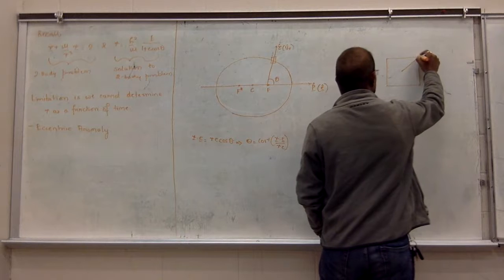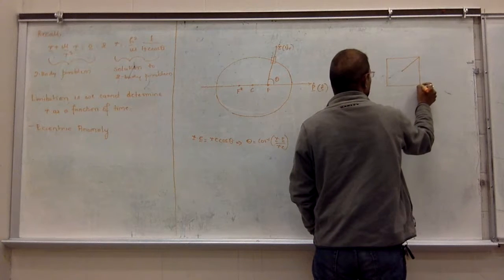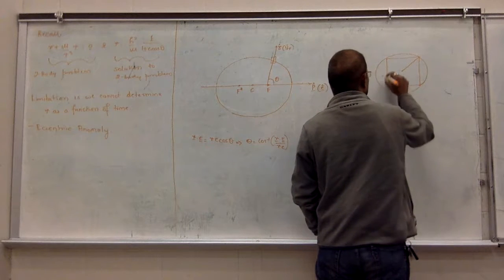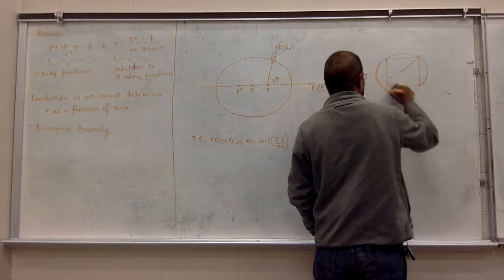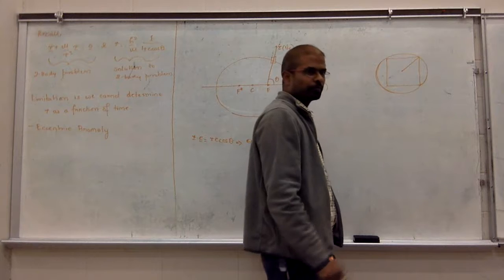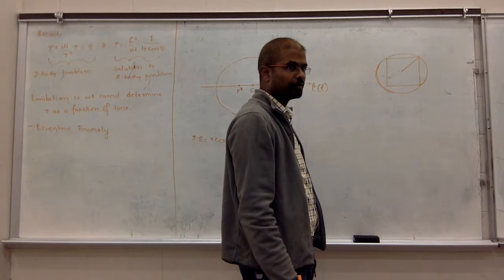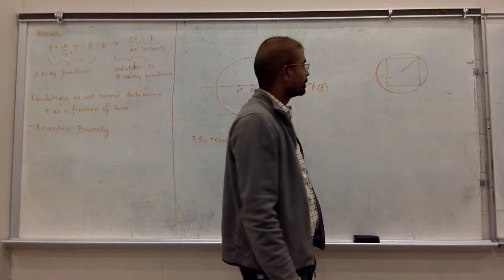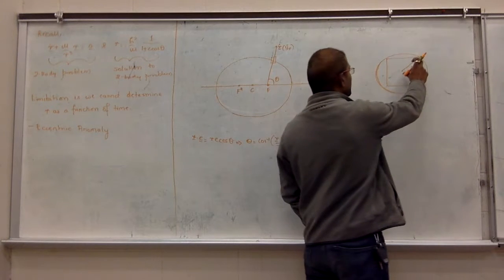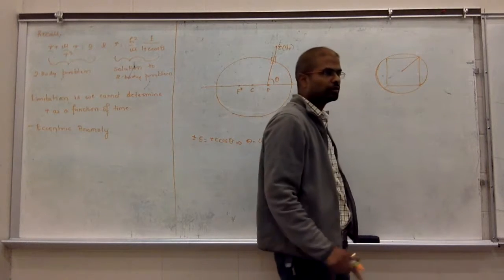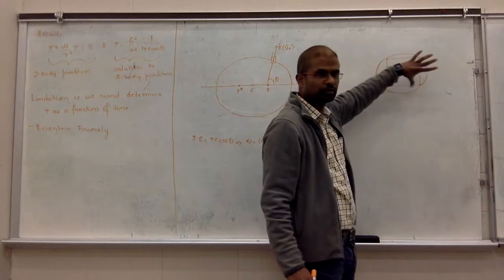So this is your circumscribed circle, right? The important thing to remember is the radius is half of the diagonal.